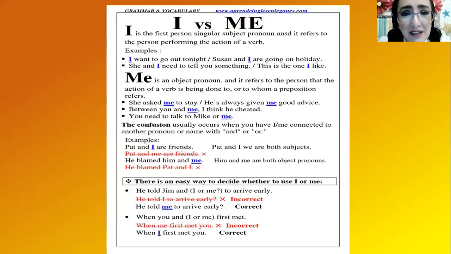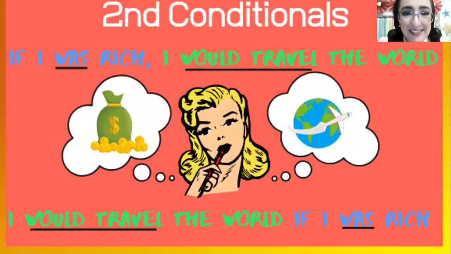For example, this is not second conditional. Here you have the example. If I was rich, I will travel the world. I will travel the world if I was rich. You can say, if I were, also we are going to be talking about was and were.